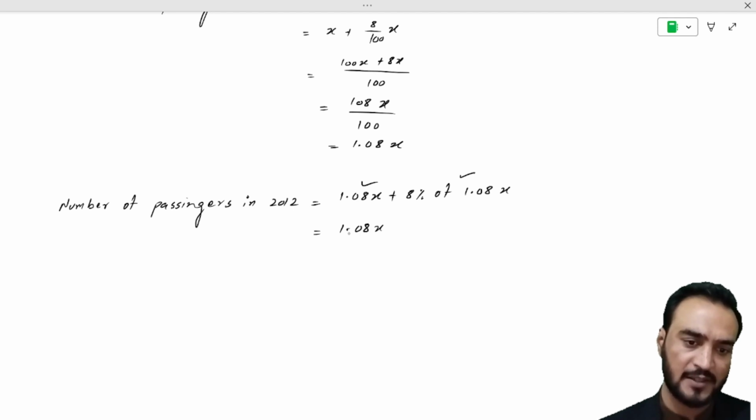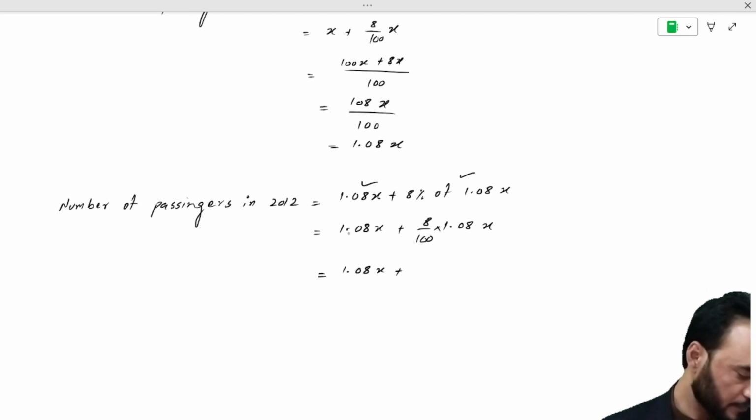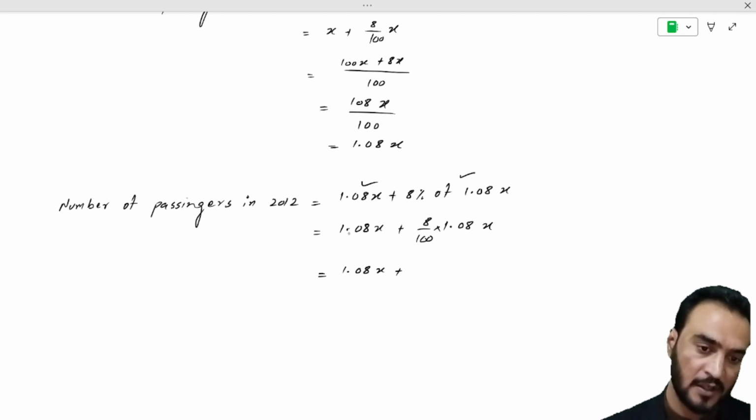1.08 times x plus 8% means 8 over 100 times 1.08 times x. So solving this, multiplying 1.08 with 8 and dividing by 100, we get 1.08 times x plus 0.0864 times x.